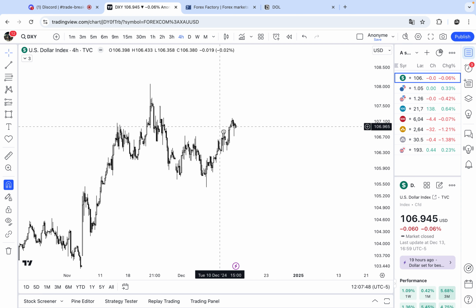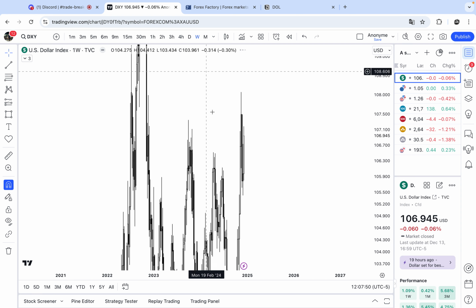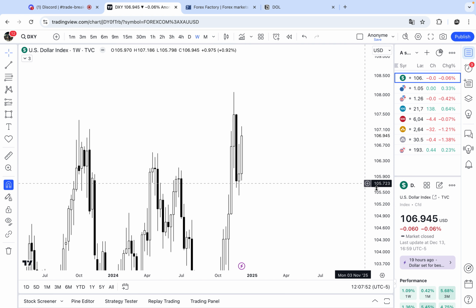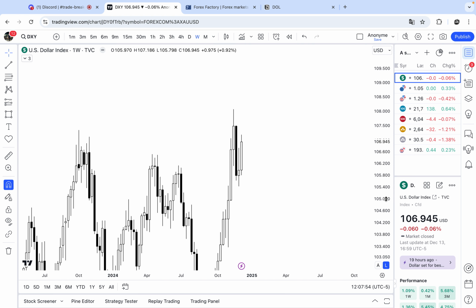Let's do this one. What you guys can see here is pretty clear. Same thing with gold, same thing with GBP, same thing with DXY.